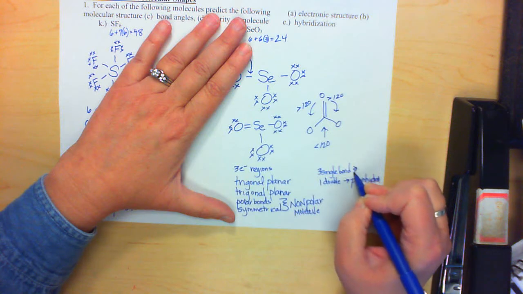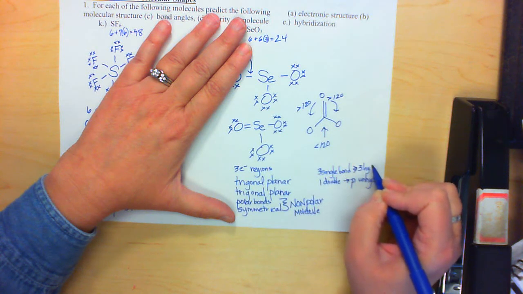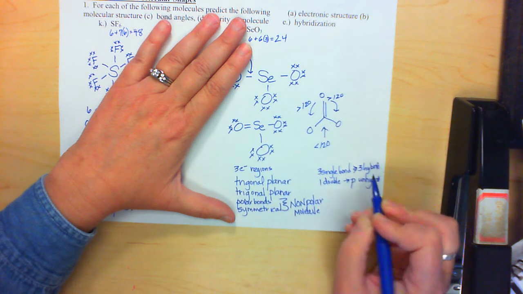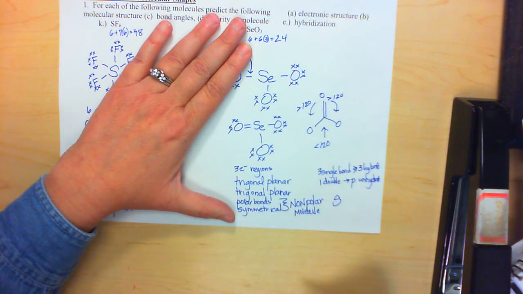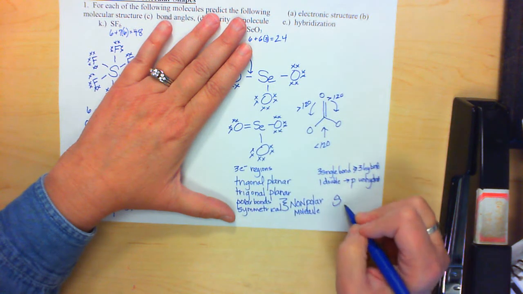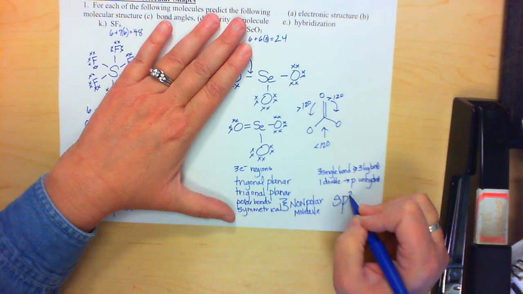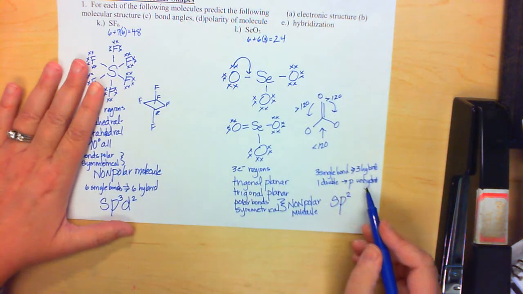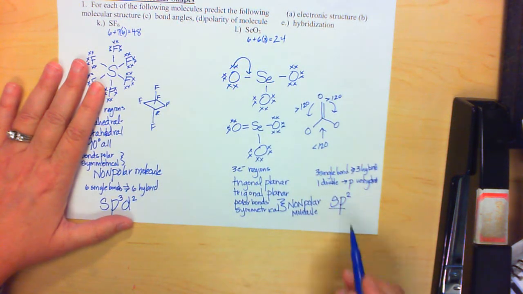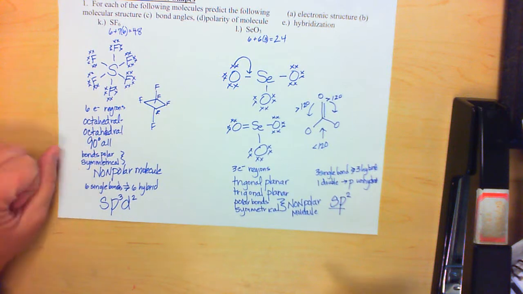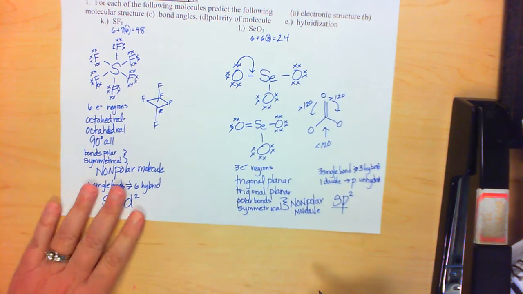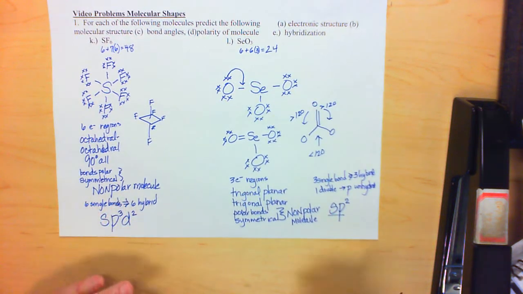But the 3 means I need 3 hybrids. That being the case, start with my S, that's 1, but I need 2 P's, and I've got to leave 1 unhybridized. So my hybridization for this molecule is sp2. So we've completed this set.